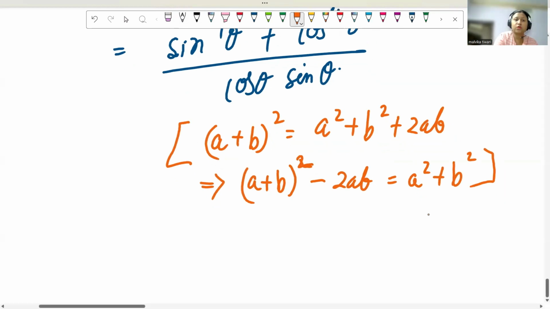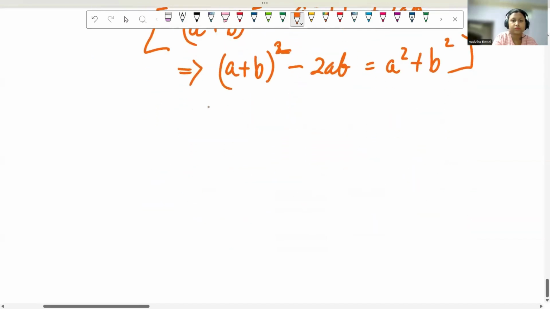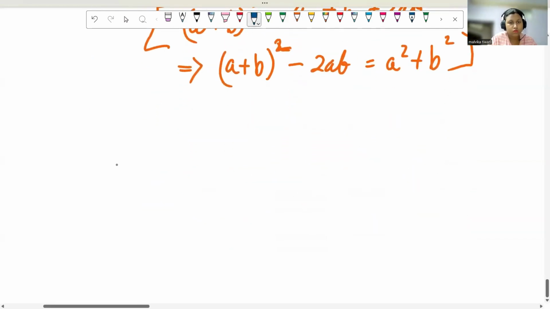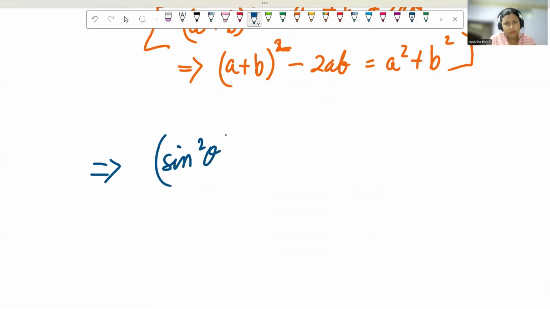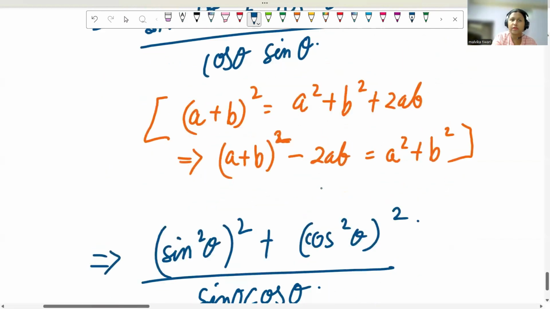So this is what we are going to use. This is our a square, this is our b square. So (sin square theta) whole square plus (cos square theta) whole square by sin theta cos theta. Okay, this is what we have.